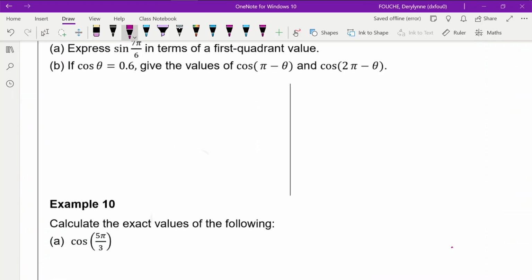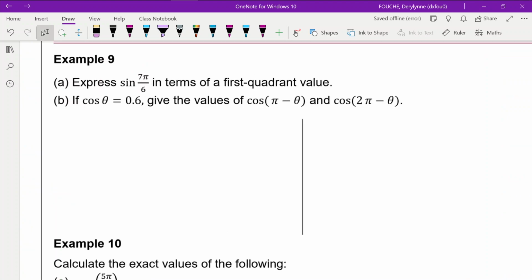Alright, let's express sine of 7 pi on 6 in terms of a first quadrant value. Well, the first thing that I want to say to you is that 7 pi on 6 can be rewritten as 6 pi on 6 plus pi on 6, because pi is just 6 pi on 6.